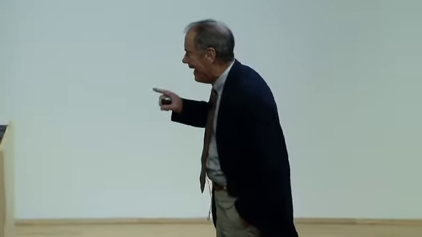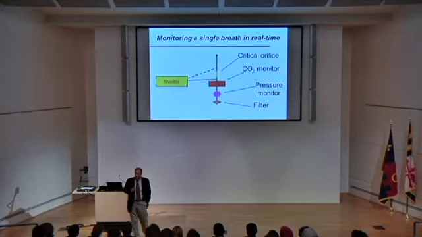Okay, this is the approach that we use to develop how you collect a single breath. What this is trying to do is duplicate a person who is either whistling or playing a musical instrument with a single note.